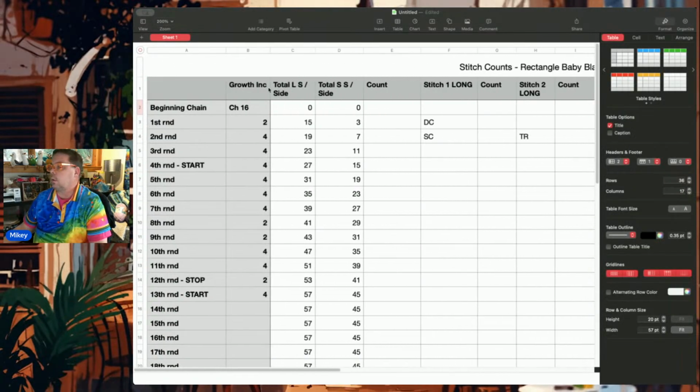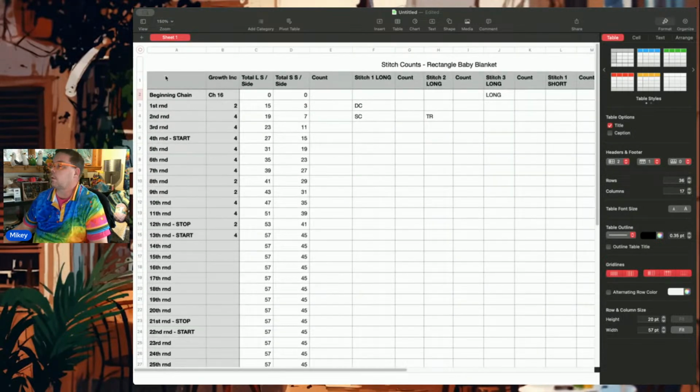Okay, so let's zoom ourselves out a little bit. The sheet's getting bigger to work with. Okay, so we have the count. This was the total of stitches per side. In this case, it is going to be 15.